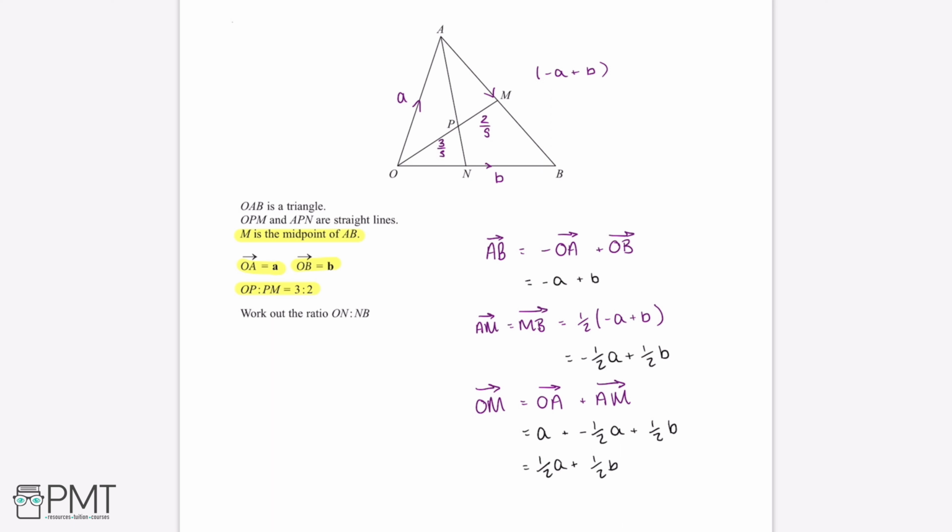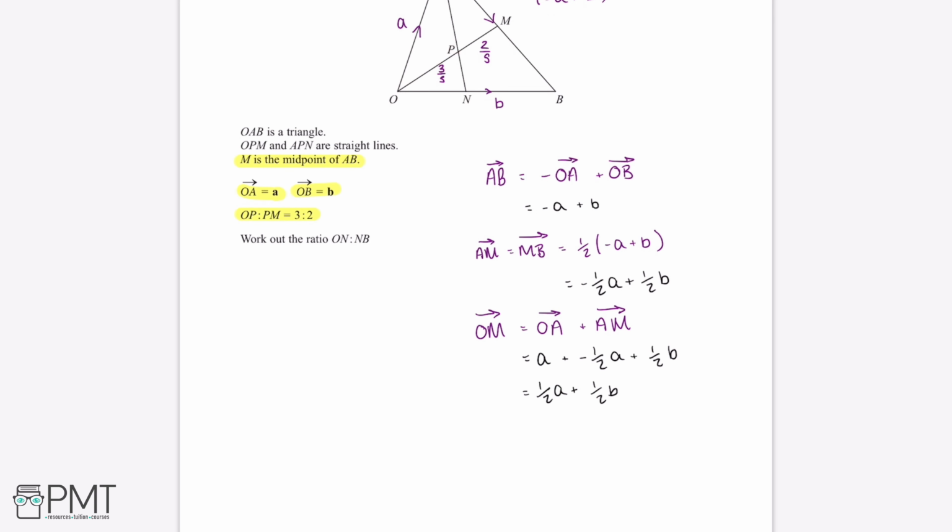Now because we know the ratio of OP to PM, we can work out the vector OP. Because OP is 3/5 of the length OM, OP will be equal to 3/5 of OM, which is equal to 3/5 multiplied by a half a plus a half b. If we expand this out, this gives us 3/10 a plus 3/10 b.